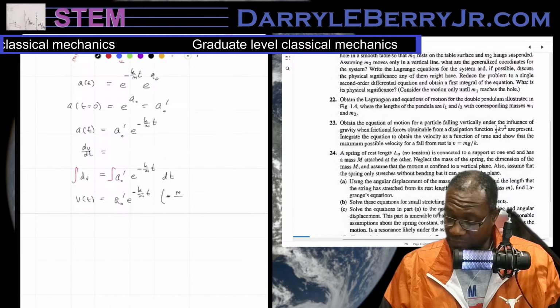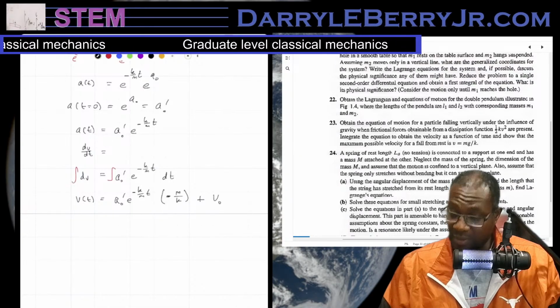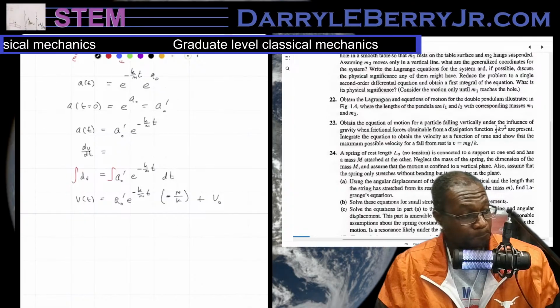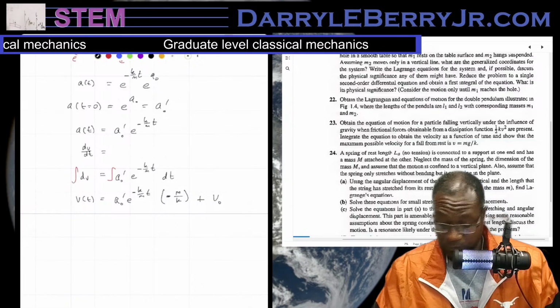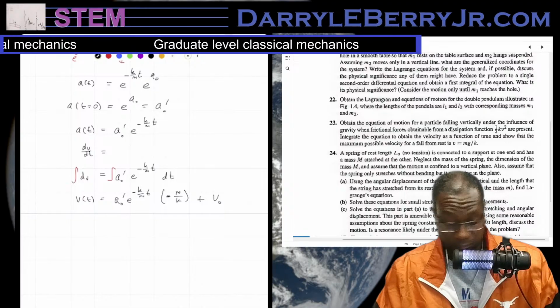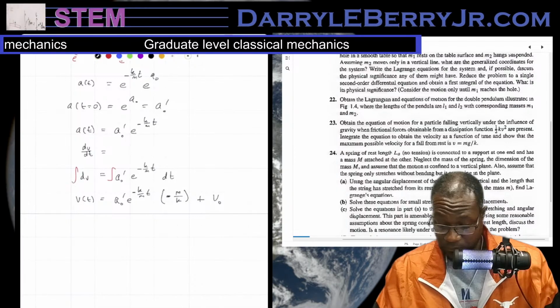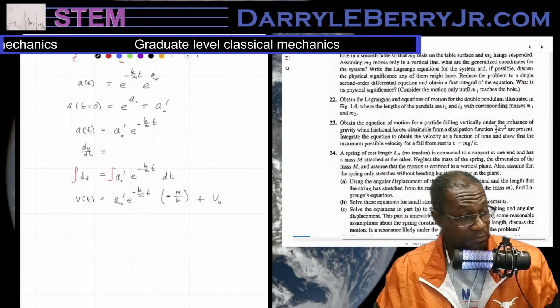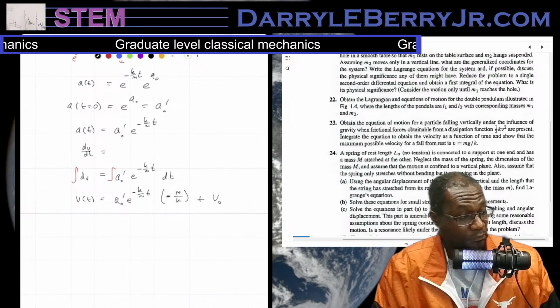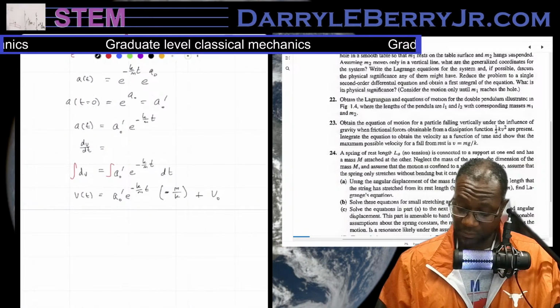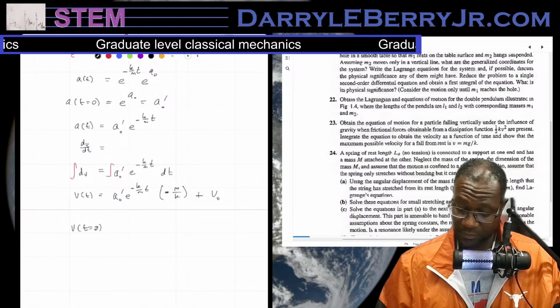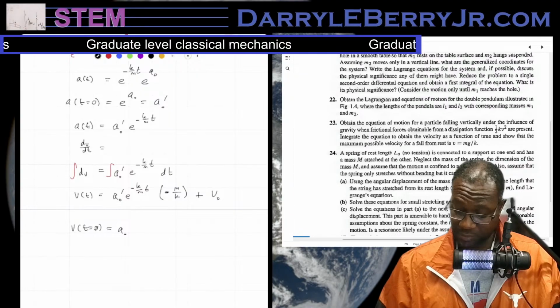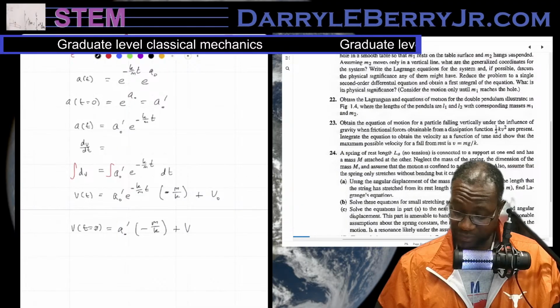So that's negative m over k, plus v naught. I believe that's what this will be. Yeah, this is good. Maybe we can do the same thing. v at t equals 0 equals a naught prime times negative m over k plus v naught.